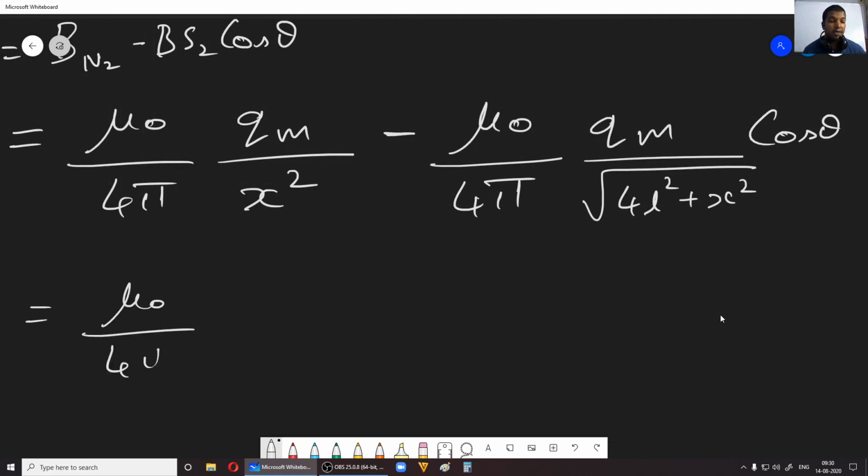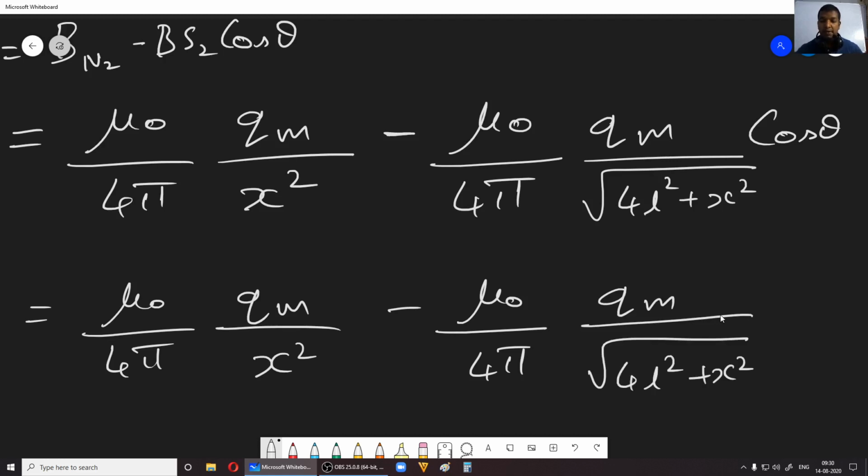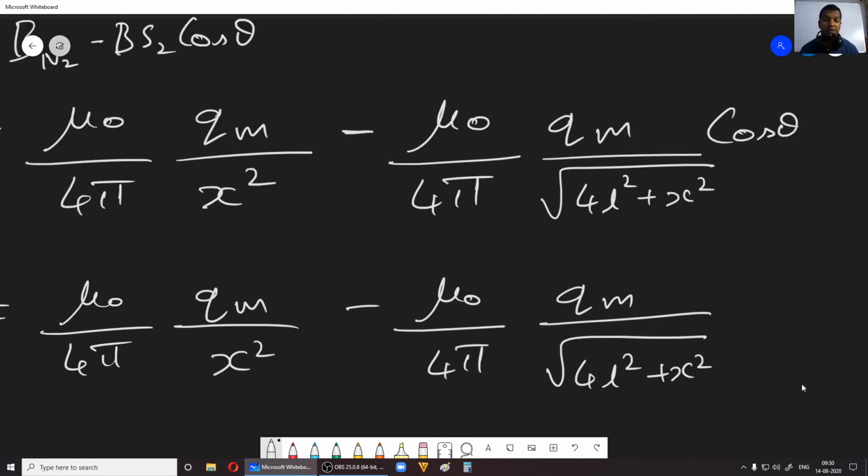So finally you can write mu naught divided by 4 pi qm divided by x square minus mu naught divided by 4 pi, then qm divided by root of 4l square plus x square. Sorry, this is whole square, right? Yeah, the whole square will also come in the denominator term. So this root won't be present here, right?